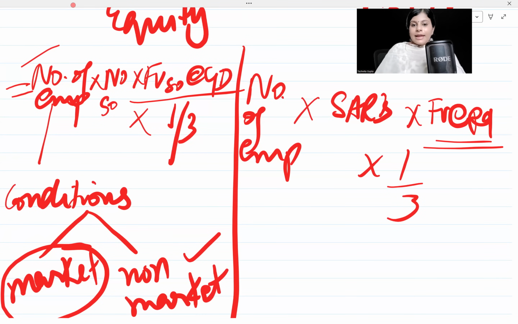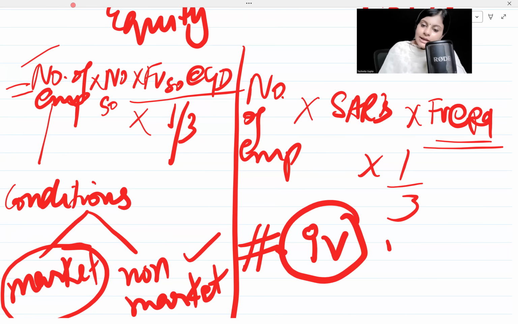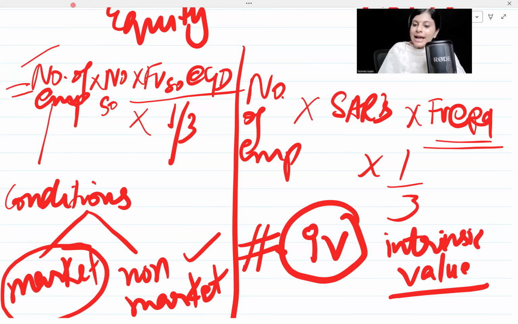And extra one thing for cash settled share based payment is that whenever you pay cash to the employees when they exercise their SAR, you always pay it at intrinsic value. Intrinsic value, okay? And you need to take note of this, that cash is always paid at intrinsic value.